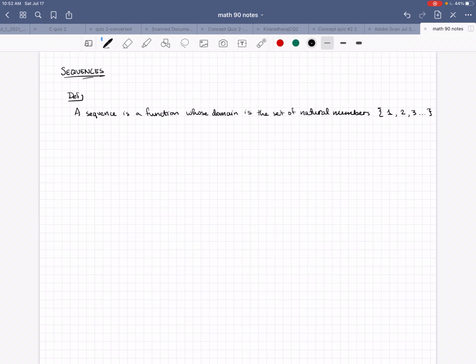So the values of this function, or the outputs, I guess we could say, f of 1, f of 2, f of 3, and so on, are the terms of the sequence.